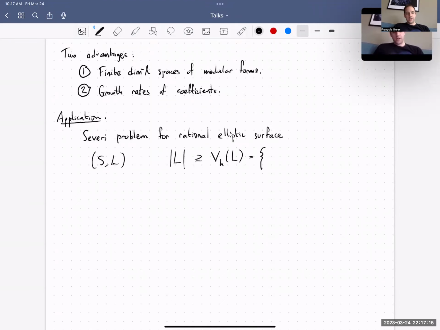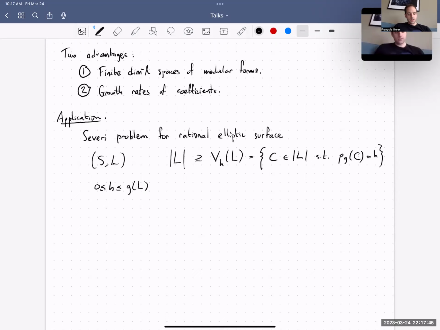So V_h, where h is between 0 and g, where g is the genus of curves in the linear system, is defined as the set of curves in our complete linear series such that the geometric genus of the curve is equal to h. So if you'd like, we're looking at curves that have g minus h nodes generically.